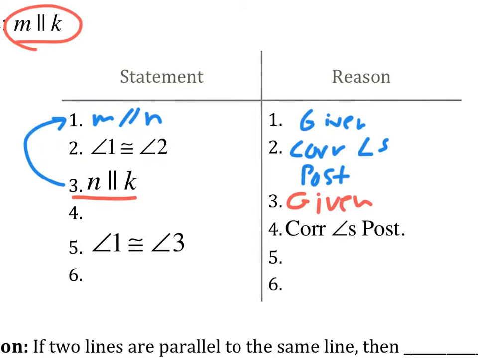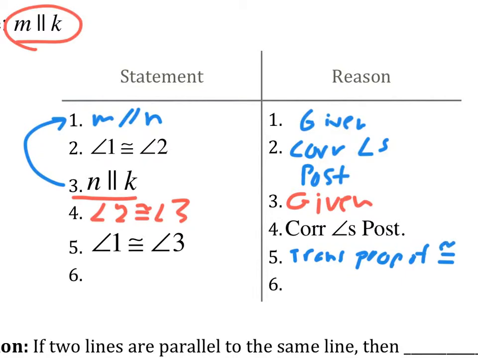Because of that, corresponding angles says that angle 2 has to be congruent to angle 3. And then why is it true that now angle 1 is congruent to angle 3? All right, so to get official on this step, it is the transitive property of congruence.